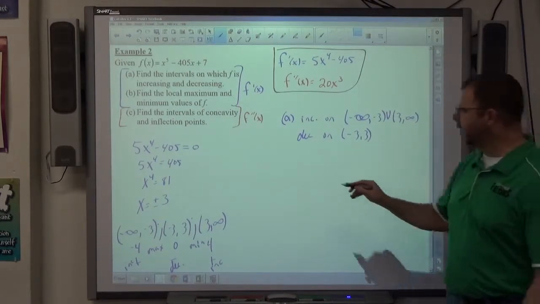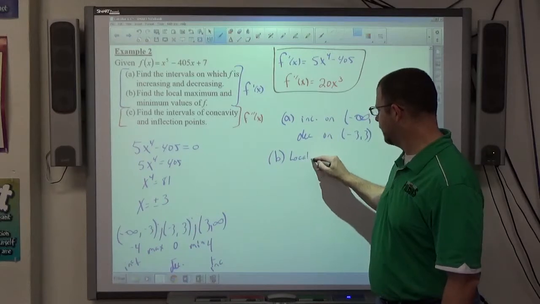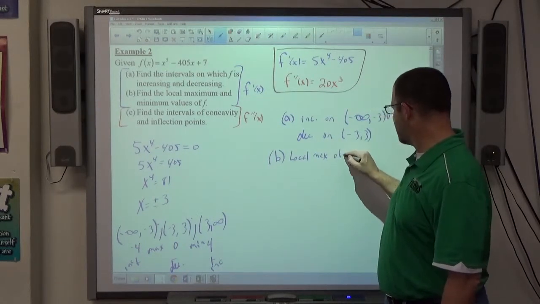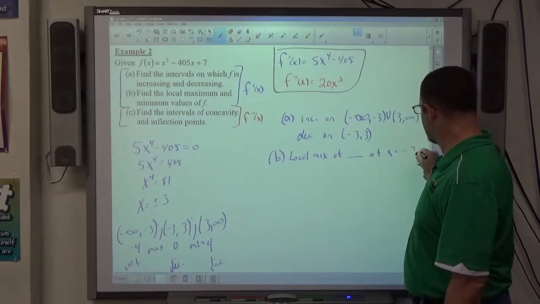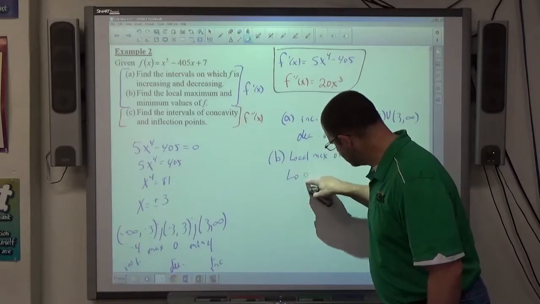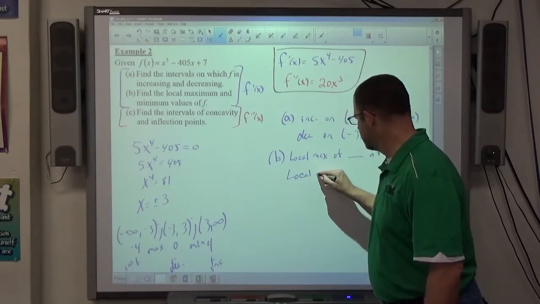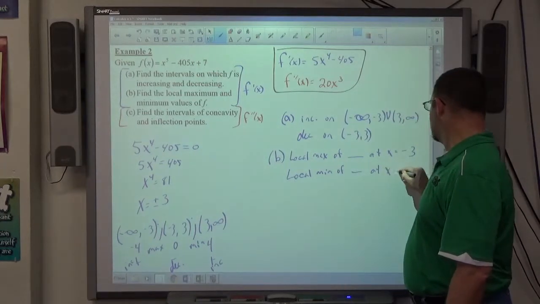And for part B, I know it's got a local maximum of something at x equals negative 3, a local minimum of something at x equals positive 3.